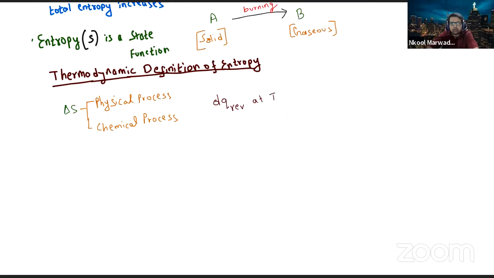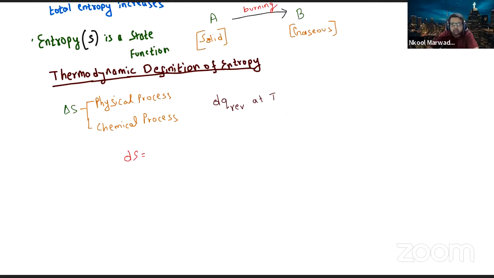So then I can mathematically define the change in entropy. Because if any spontaneous process is taking place, entropy has to change.